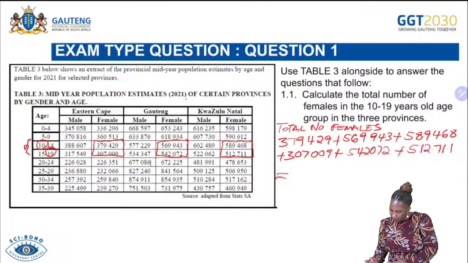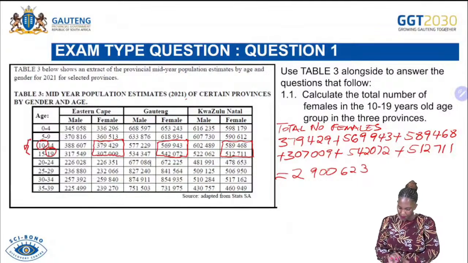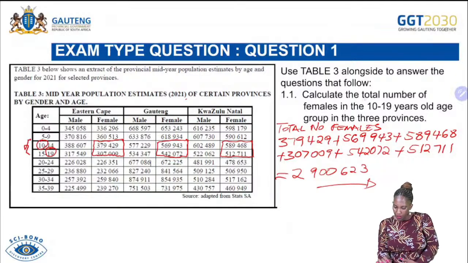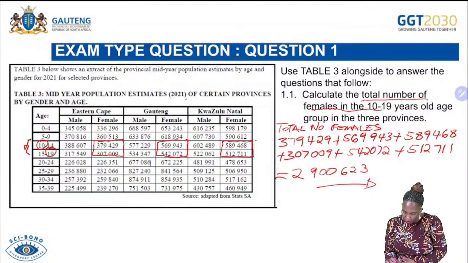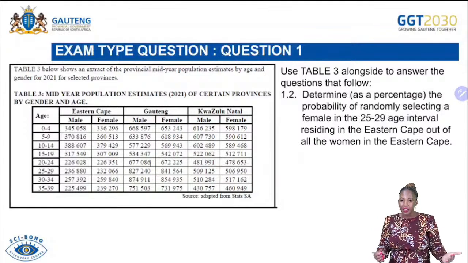So we got our answer to be 2,900,623. That is the sum, because they said calculate the total number of females in these age groups. So we are focusing on the age group 10 to 19, so we have combined these. Can you see, boys and girls, the answers are there. You just identify, you read the table, and then you get the answer.